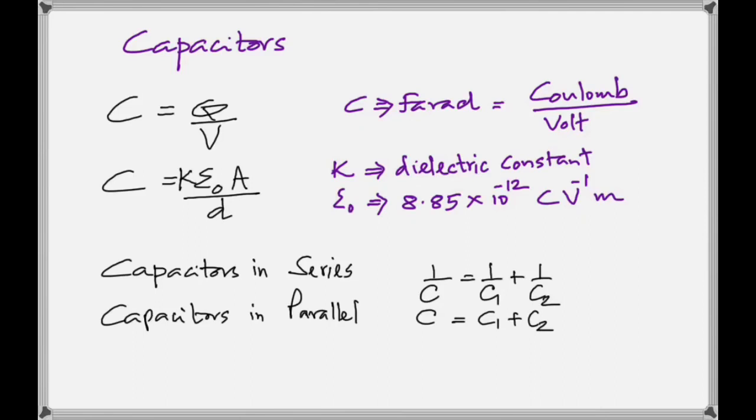Another important concept here is whenever capacitors are connected in series, the charge across them will be the same. Capacitors in parallel, voltage will be the same. In fact, any electrical component in parallel, voltage will be the same.